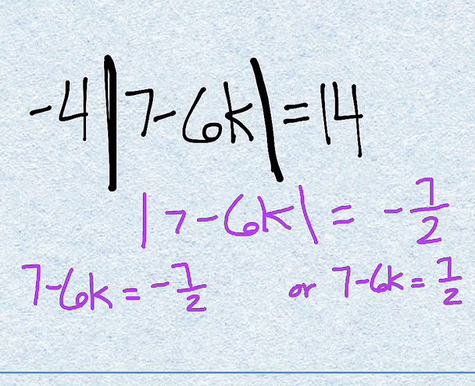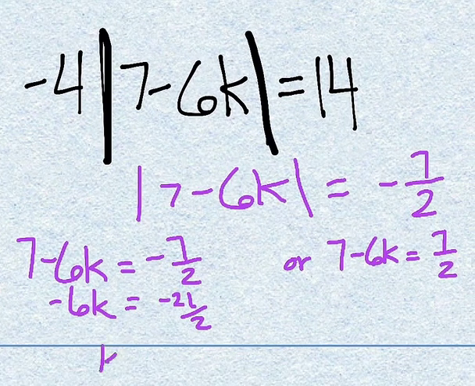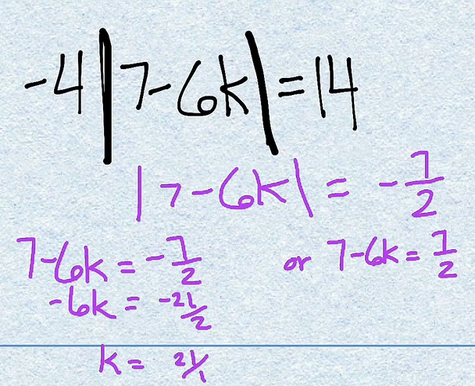Now I'm going to go ahead and solve this just because. I'm going to subtract the 7 and divide by the -6, which makes it a positive 21/12.